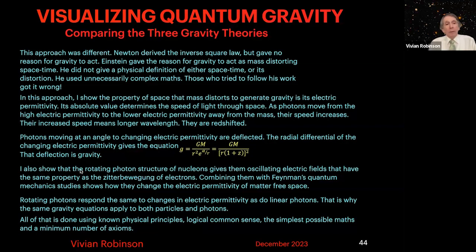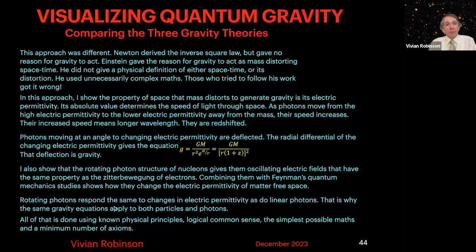I also show that the rotating photon structure of nucleons gives them oscillating electric fields that have the same properties as the Zitterbewegung of electrons. Combining them with Feynman's quantum mechanics studies show they change the electric permittivity of matter-free space.